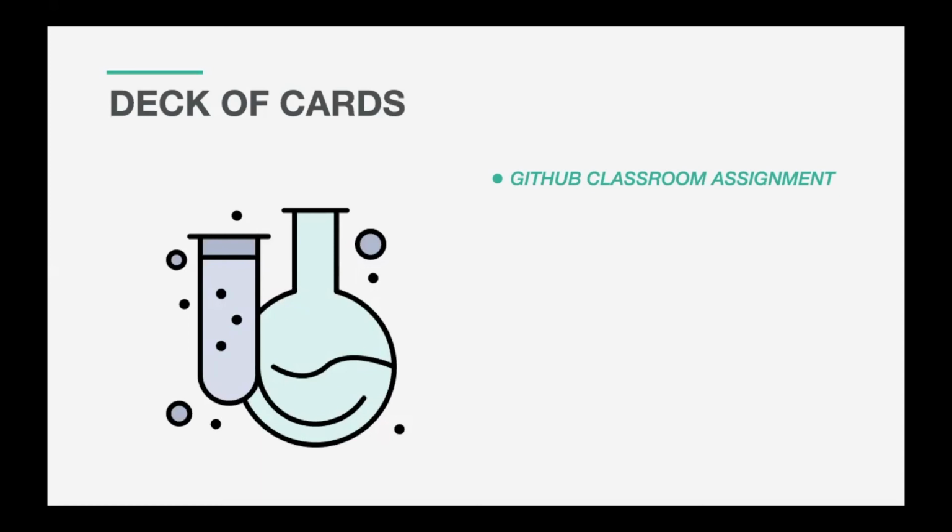There will be some starter files in there that you will need to use to complete the assignment. For this assignment, what you're going to be doing is you're going to be using arrays and loops to generate all 52 cards of a standard deck. So we're talking about the decks with the 4 suits, the clubs, diamonds, hearts, and spades, and then with the 13 ranks.